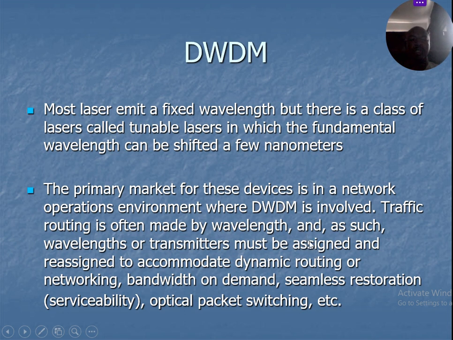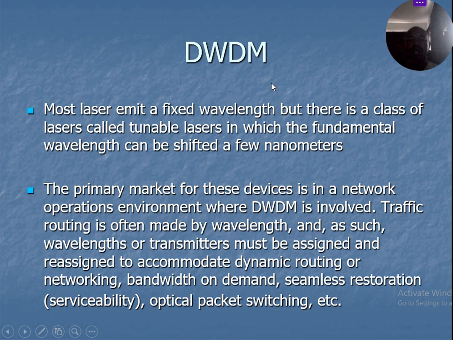So what we are saying in effect is that dense wavelength division multiplexing has enabled these advantages. It accommodates dynamic routing, and it improves our networking capability, and it also enhances our bandwidth.